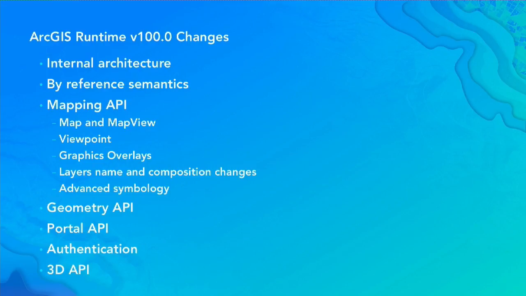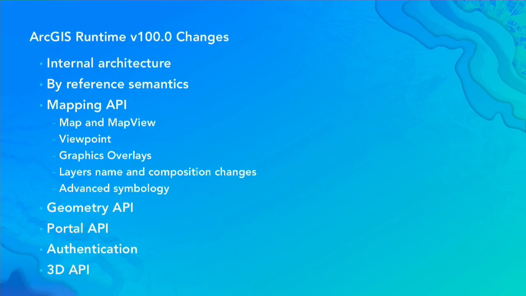And authentication was an area that we had got feedback from users and developers in usability testing that it's incredibly complicated to get authentication right. And it is really important to get authentication right, not just to make sure you can connect to the services that you want to connect to, but you do it in the proper secure way. And there's, as you all know, lots of ways that you can connect and authenticate with the ArcGIS system.